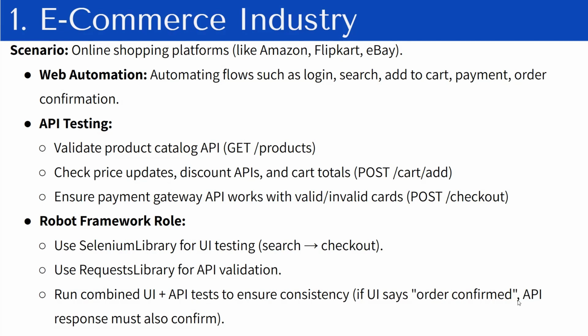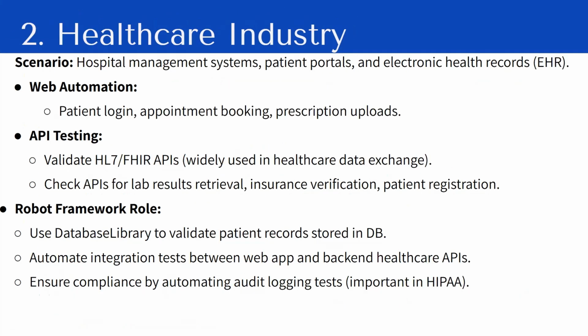If the order is confirmed, the API response must also confirm, because these responses are fetched through APIs. So we combine UI and API to ensure consistency. That's why you have to learn UI testing and API testing separately.